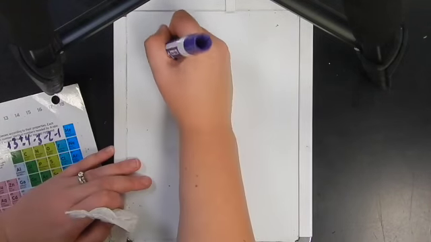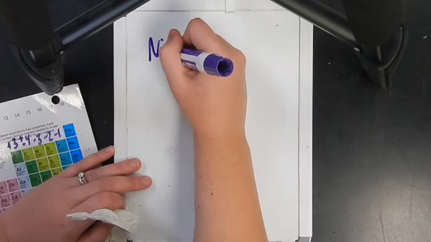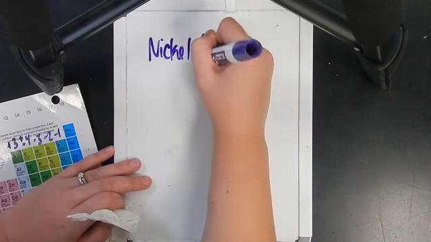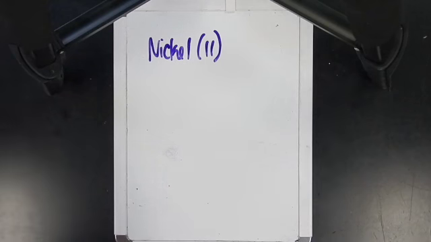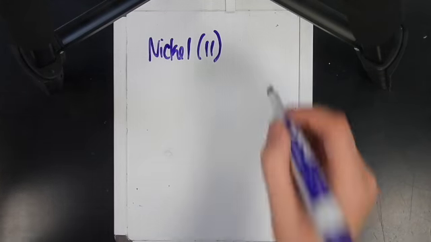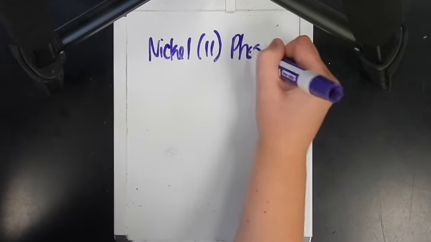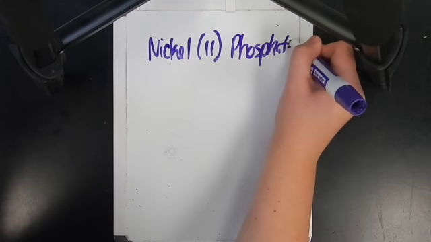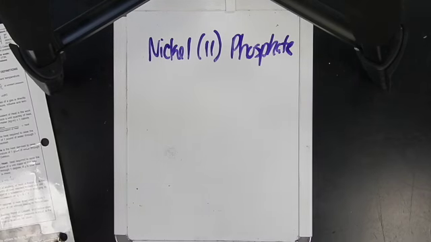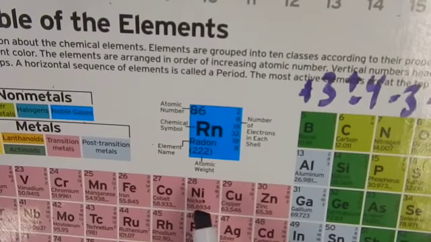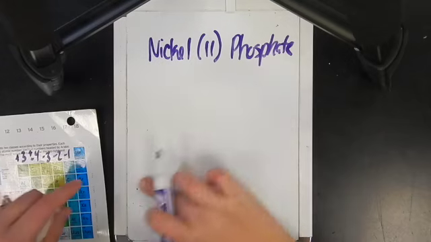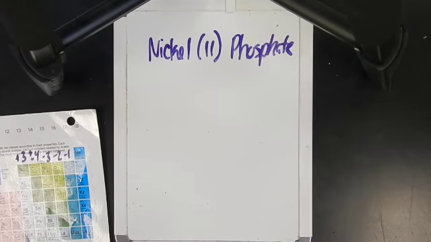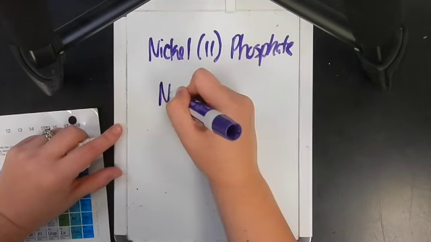So if I do another example, let's say nickel 2 phosphate. I wanted to do an example with a polyatomic ion as well. Nickel is a transition metal, which is why there is the Roman numeral 2.